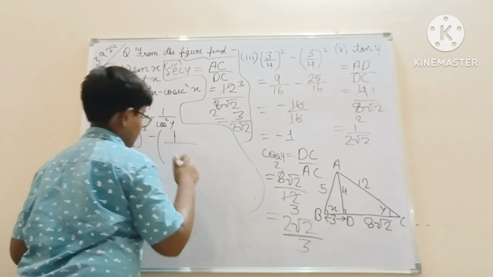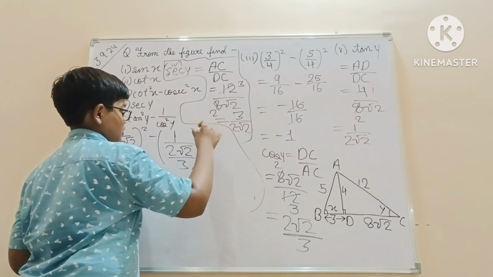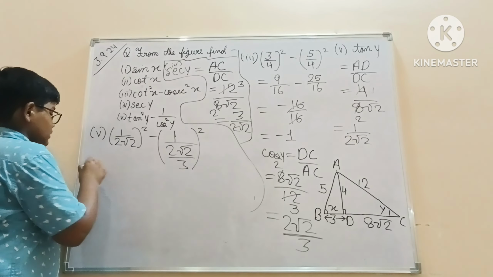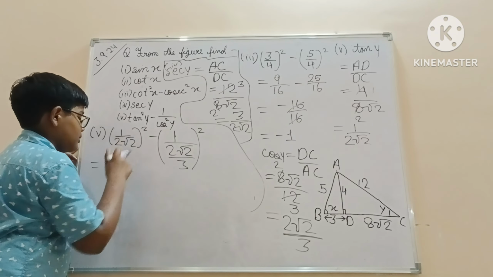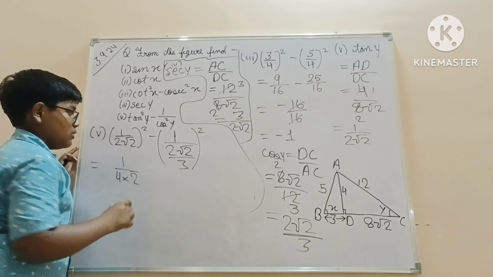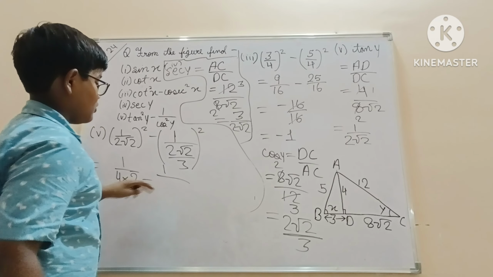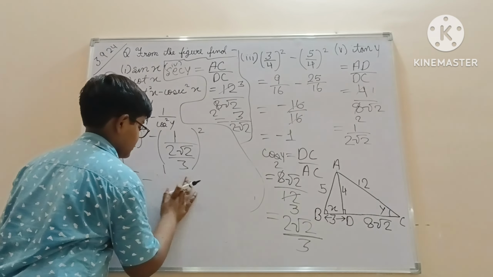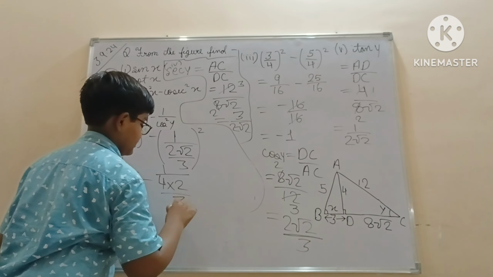So cos y is 2 root 2 divided by 3, which will be whole squared. Now 1 squared is 1 and 2 root 2 squared will become 4 into 2, minus 1 squared will become 1 and 2 root 2 squared will become 4 into 2, divided by 3.